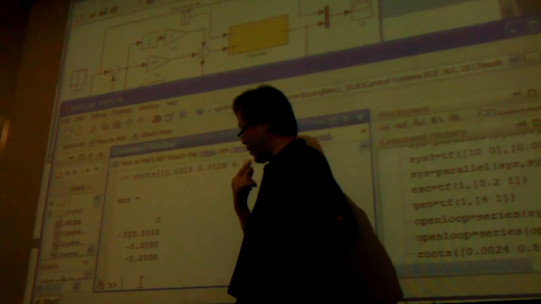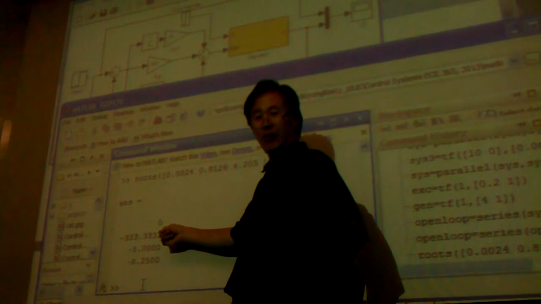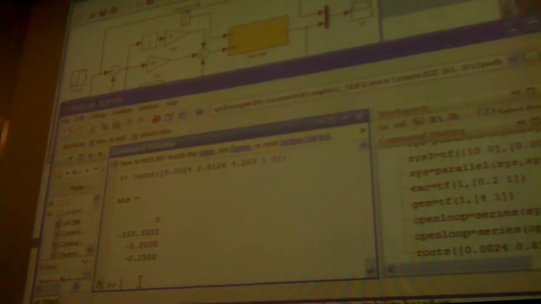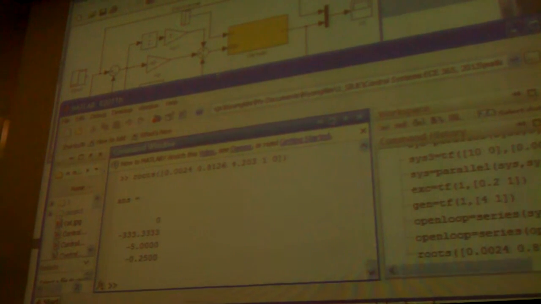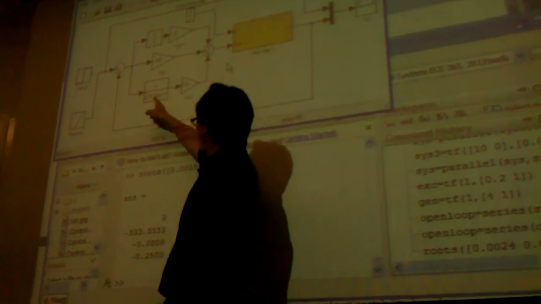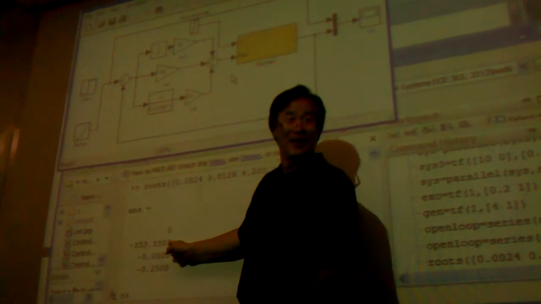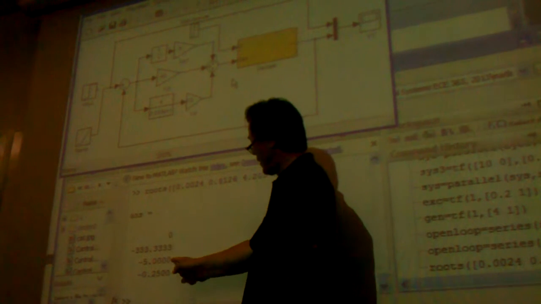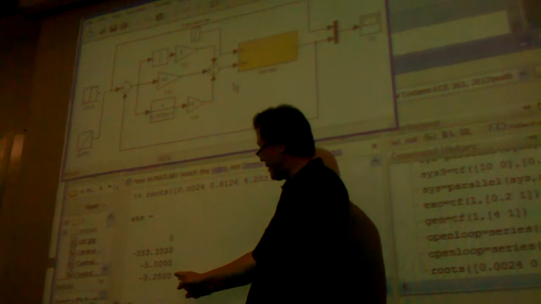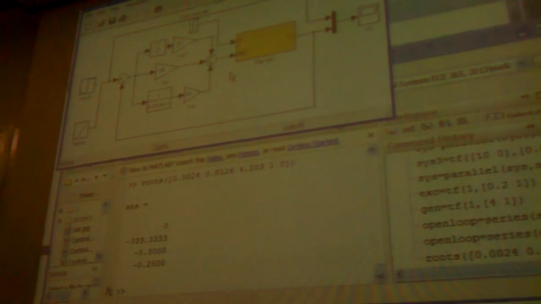In fact, if you look it over, this pole is from the derivative filter, 1 over 0.003s plus 1, as I said, 1 pole. And this one is 1 over 0.2s, the exciter pole, and this is the generator pole, 1 over 4s plus 1.